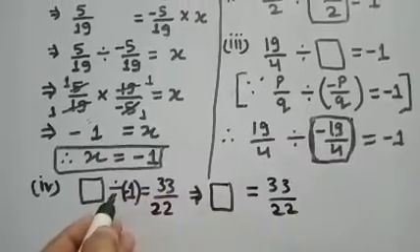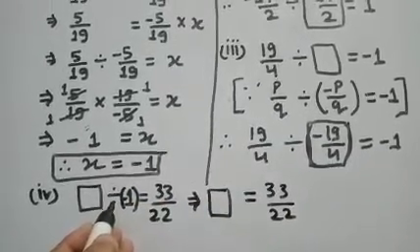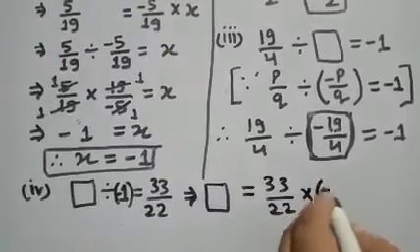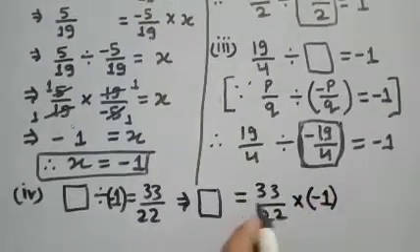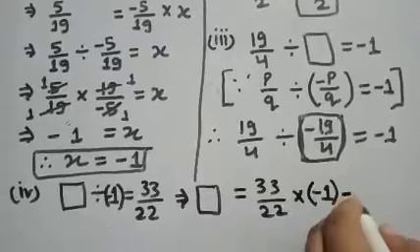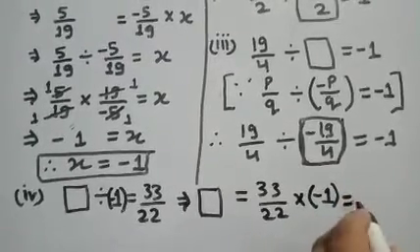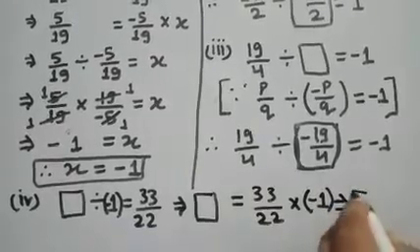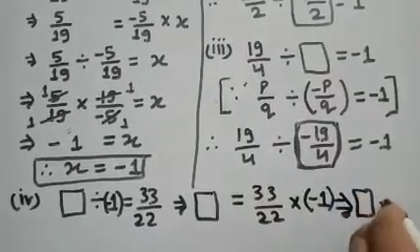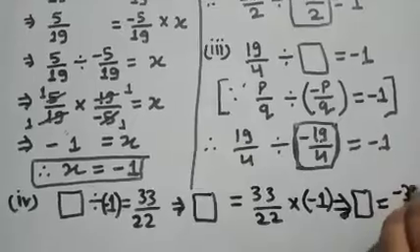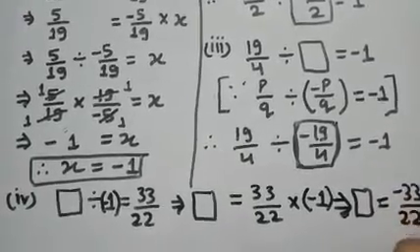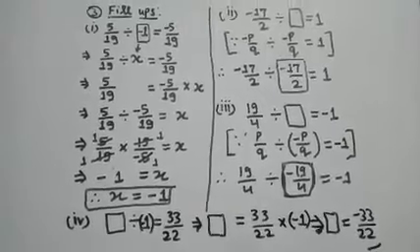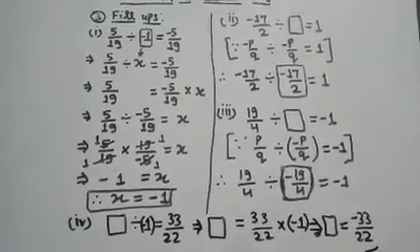As you know, the divisor will go to the right side by multiplication, then -1. If any number is multiplied with -1, the result is minus. So box is equal to, box means x is equal to -33 upon 22. So this is the proper answer. I hope you understand.